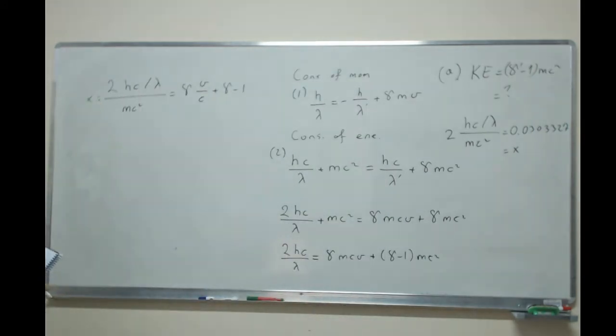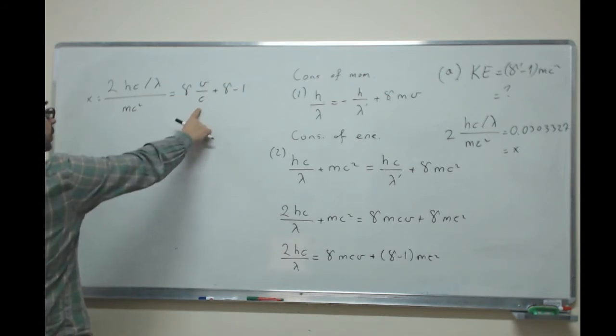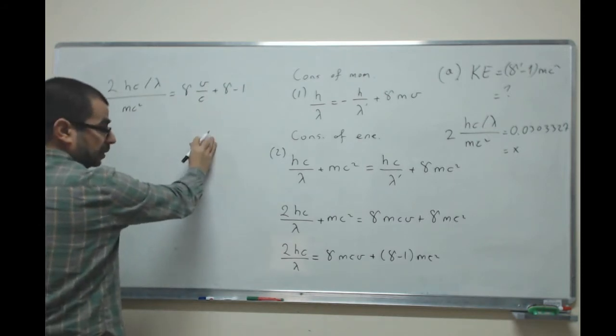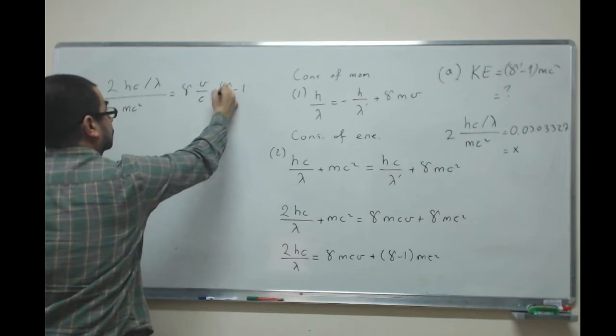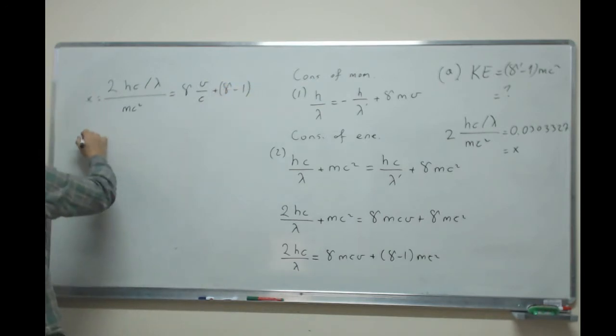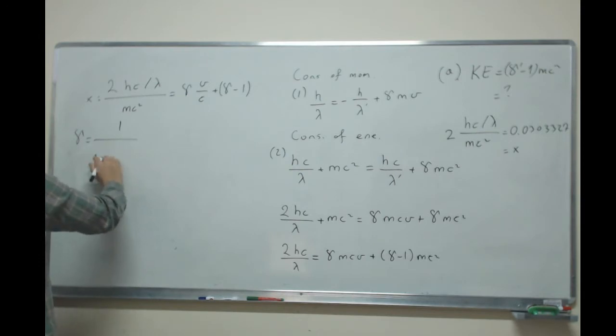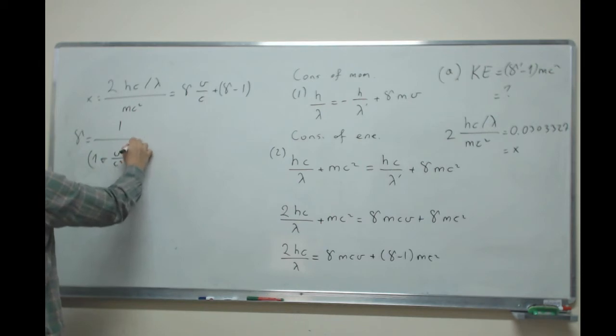Then I'm going to try to solve this for gamma in terms of x. Now I need to express this v over c in terms of gamma, so I will have an equation in terms of gamma. Gamma is of course (1 minus v square by c square) to the power of a half.